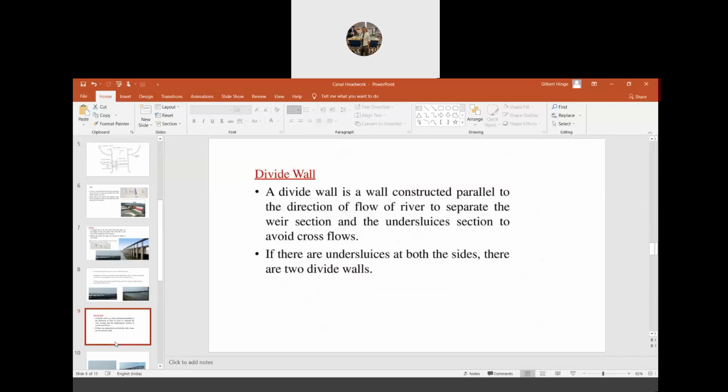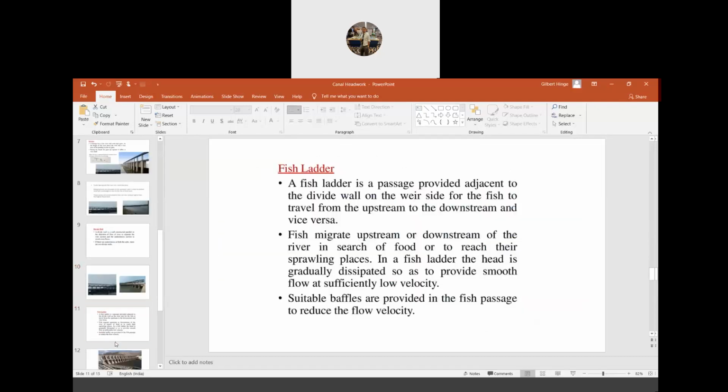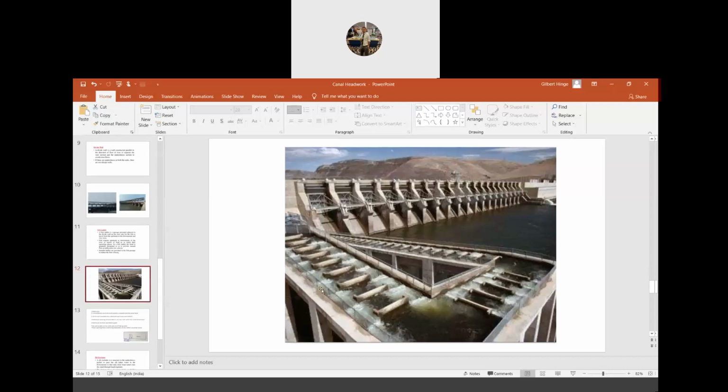So you see here, this is the role of the fish ladder, whereby we construct it like this. Why do we construct the steps like this? So that the velocity will not be high, so that the fish can move easily from the upstream to the downstream. This is the fish ladder that we construct whenever we dam a river or divert a river.